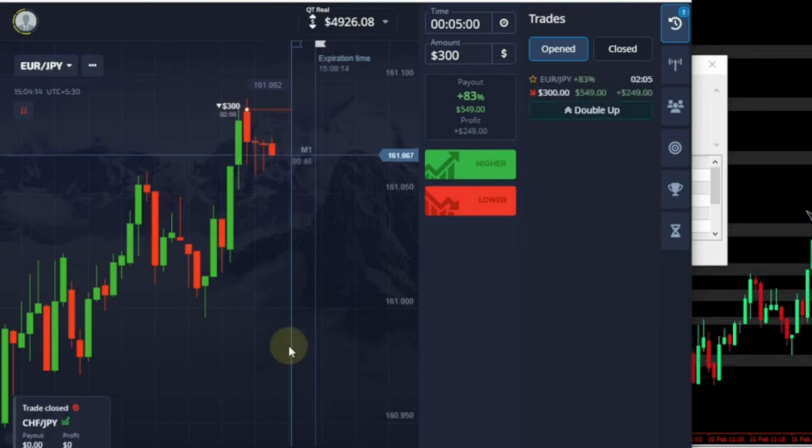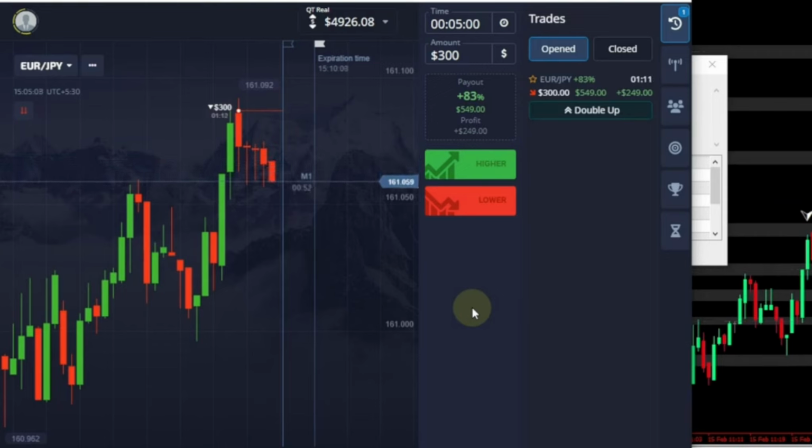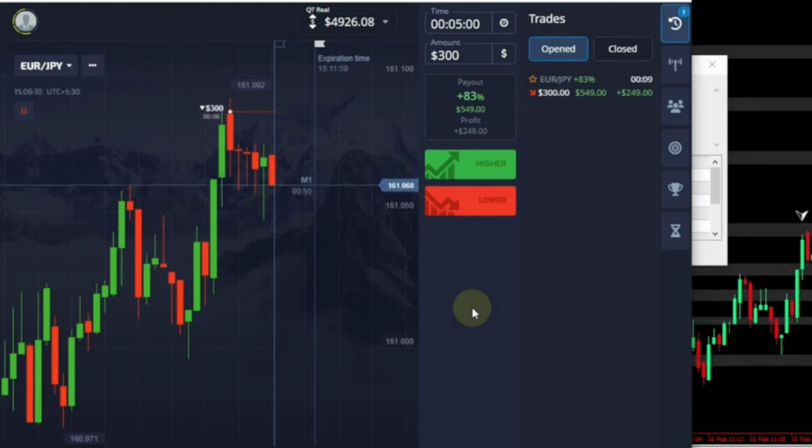The support level did not hold and we lost the buy trade. We made profit at this entry.